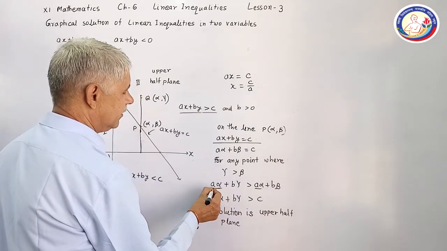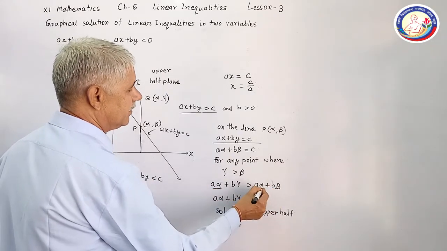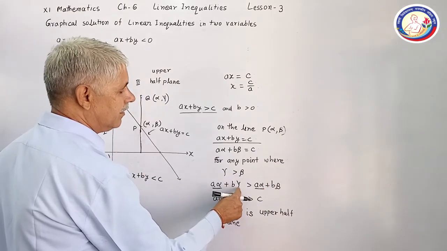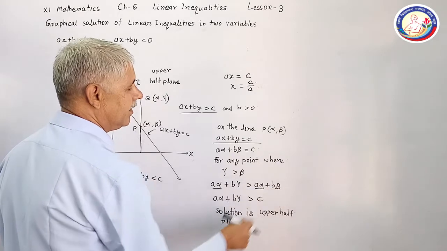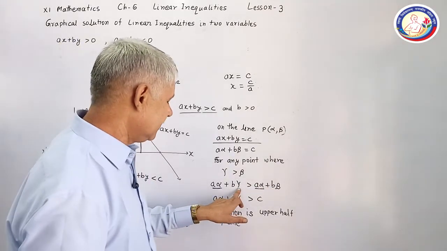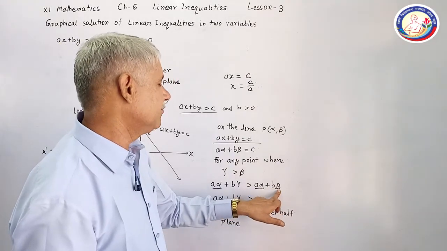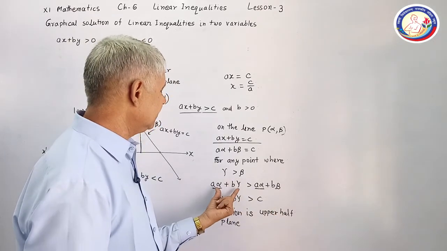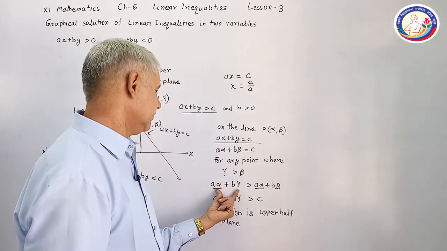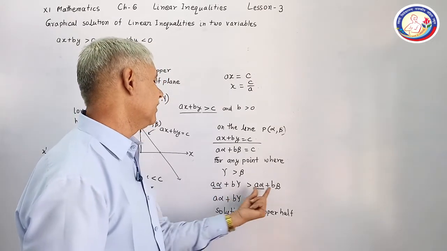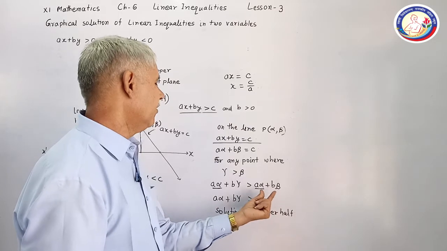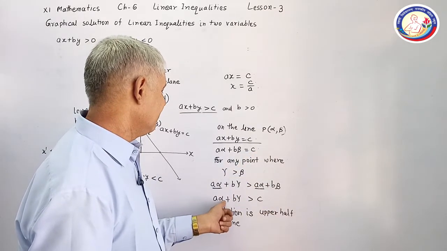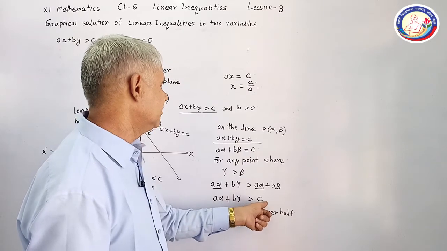I am comparing: a alpha and a alpha are the same, and b is positive. So b gamma and b beta, when compared, b gamma is the greater number and b beta is smaller. So the sum of these two terms will be greater than the sum of those two terms, which is nothing but c. So a alpha plus b gamma will be greater than c.